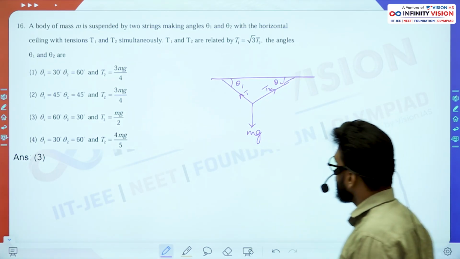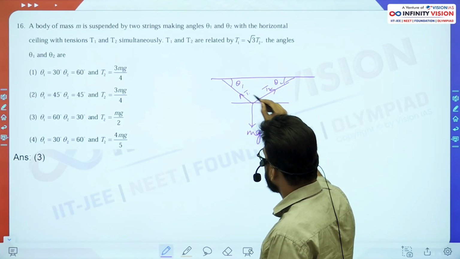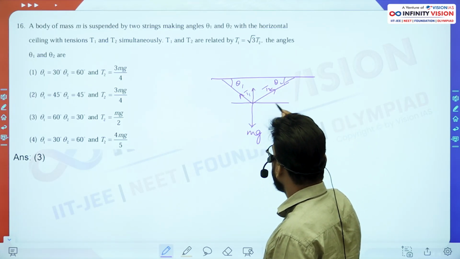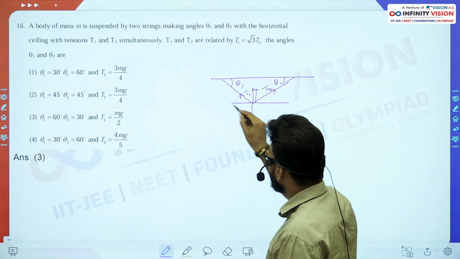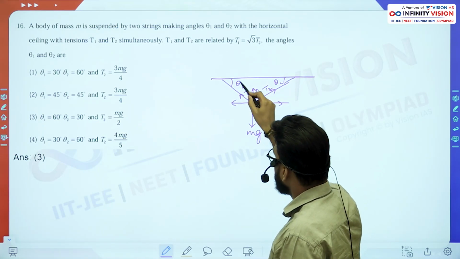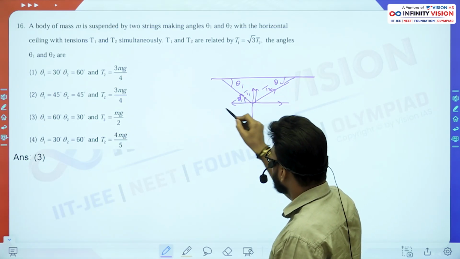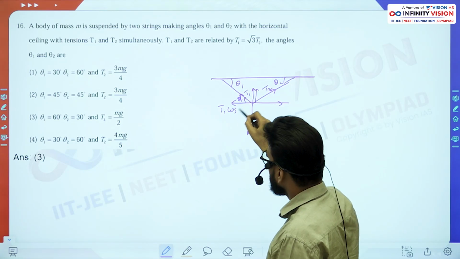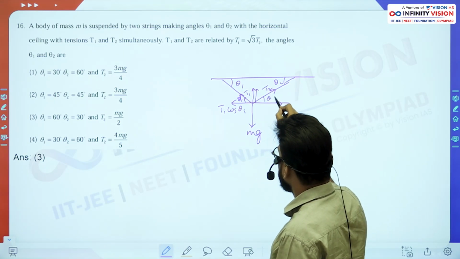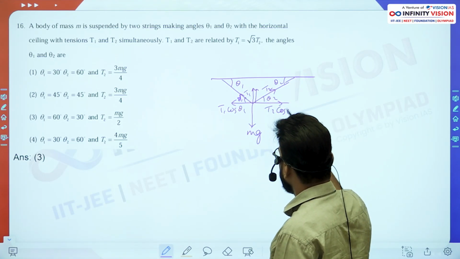So you'll have to divide this T1 into two components and again T2 into two components, horizontal and vertical. So this angle is theta 1, so this would also be theta 1. So this component would be T1 cos theta 1 and this would be theta 2. So this would be T2 cos theta 2.